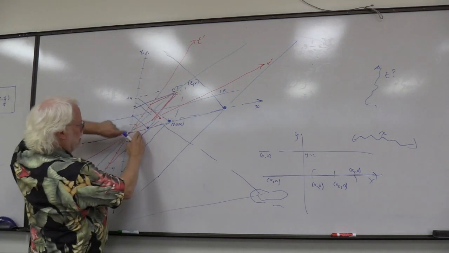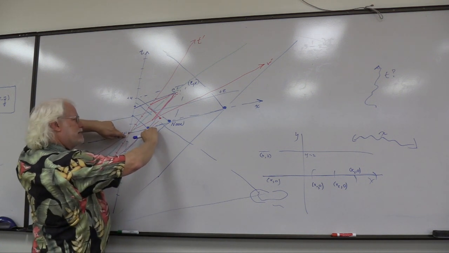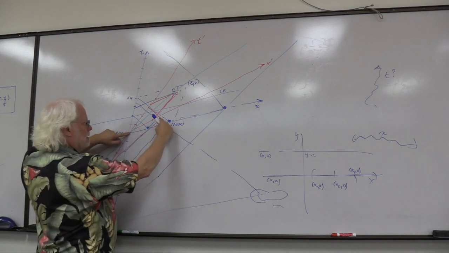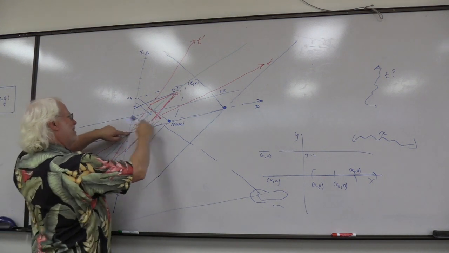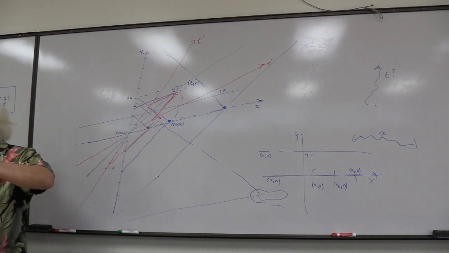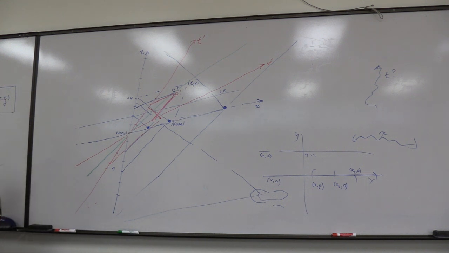So, an equal distance along Davis's axis in an equal time: one light year in one year here, one light year in one year here. But those light years aren't the same. Those years aren't the same. But the speed of light is.